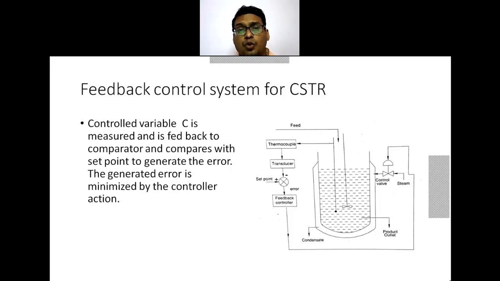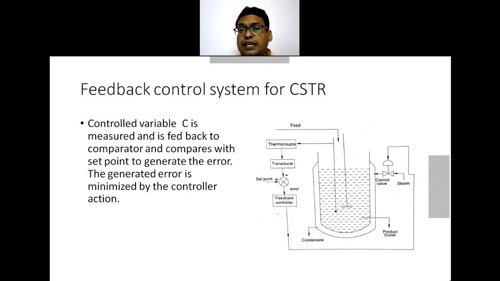In general, we have discussed mostly the feedback control system only. Our control variable C is measured, that is the temperature of a reaction vessel, and it is compared with the set point, which generates the error. This generated error is minimized by your controller action.